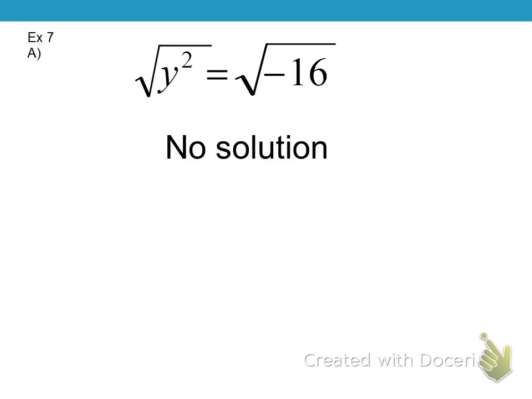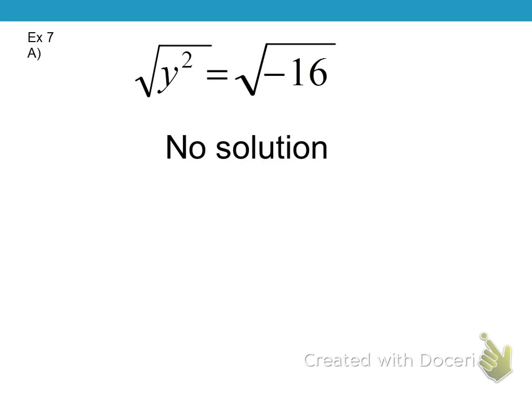So yeah, you cannot square a number and get a negative output, because -4 times -4 is +16, and +4 times +4 is +16. So if you're taking the square root of a negative number, you're going to get no solution.